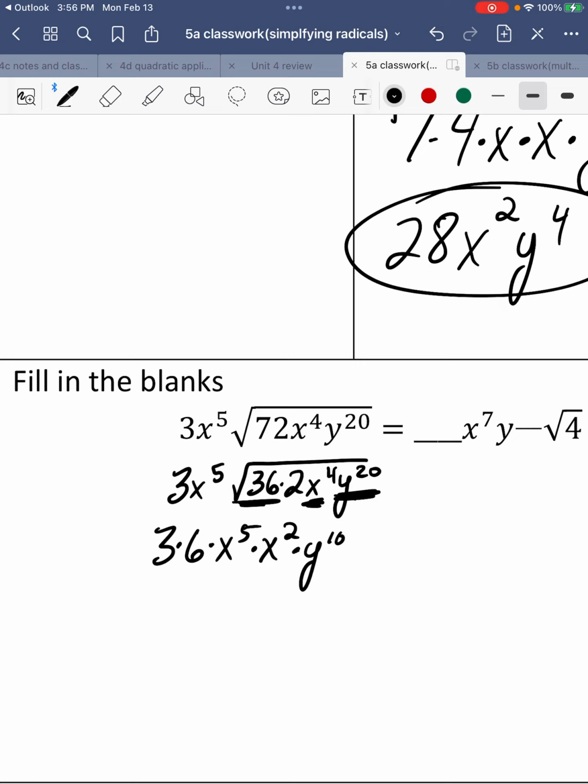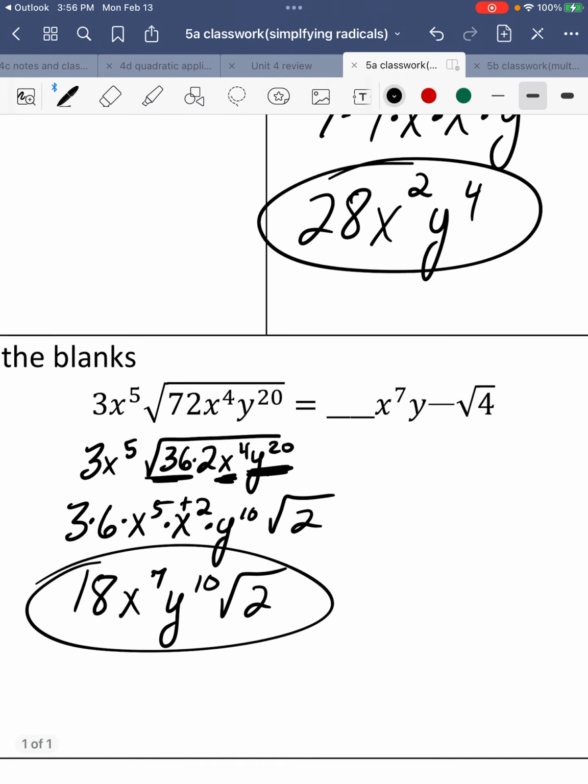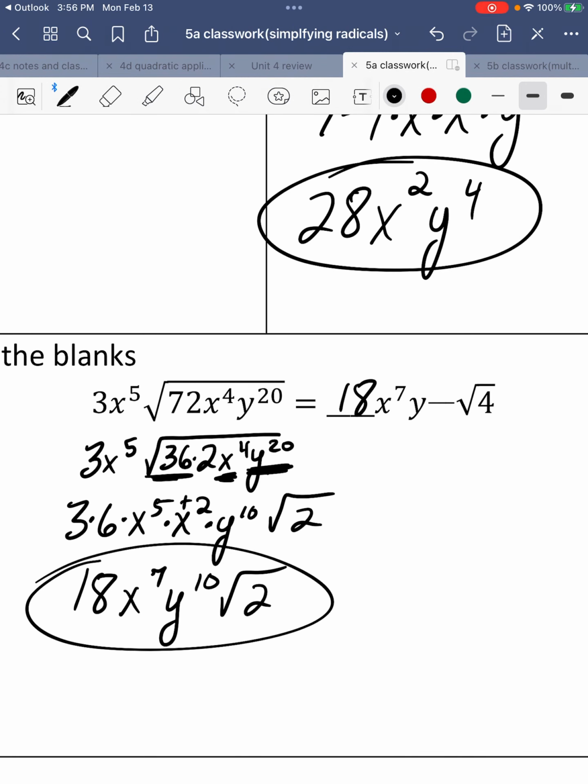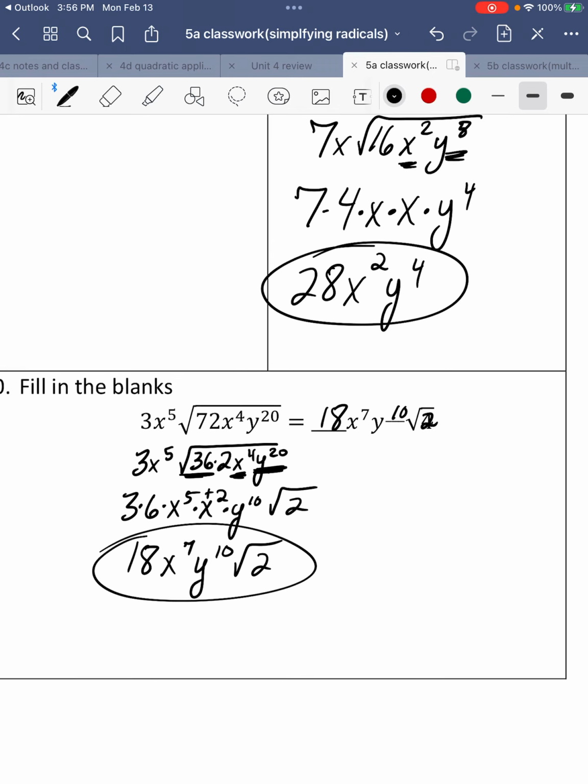You take 20 divided by 2. And the only thing left over is the square root of 2. You have 6 times 3 is 18. X to the 5th times x squared, you add those exponents to the 7th. Y to the 10th, square root of 2. So you have 18 x to the 7th y to the 10th, square root of 2.